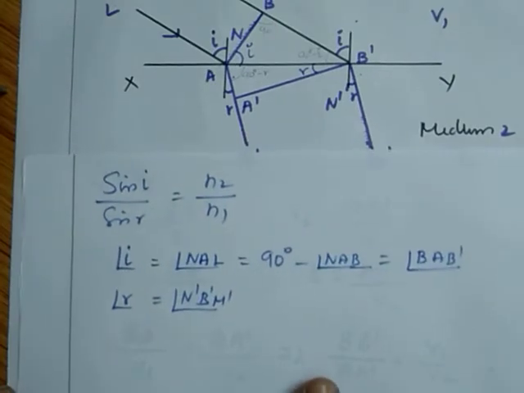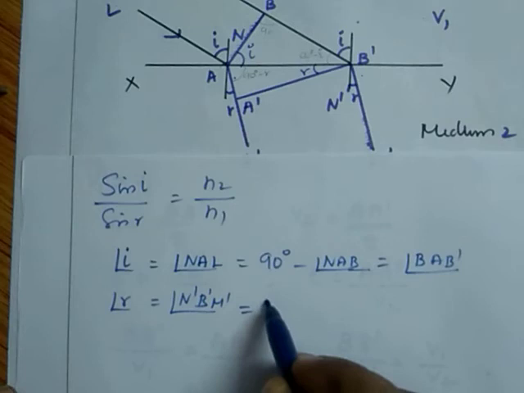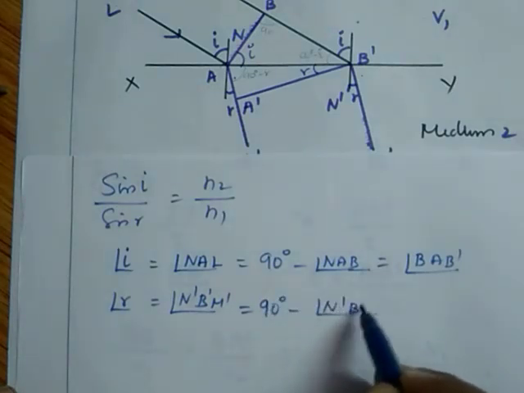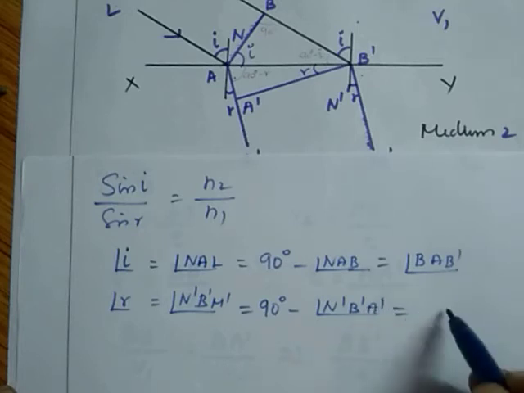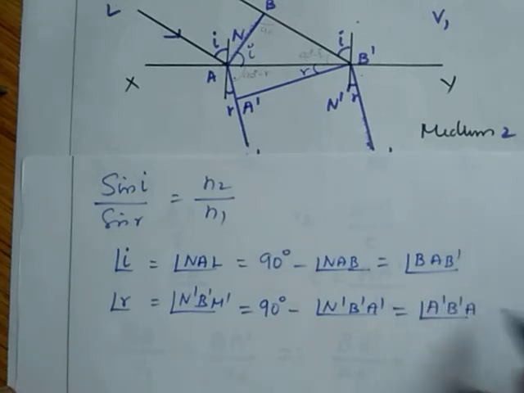That is equal to, here this overall is 90 degrees, so we can write 90 minus angle N'B'A', that is equal to angle A'B'A.